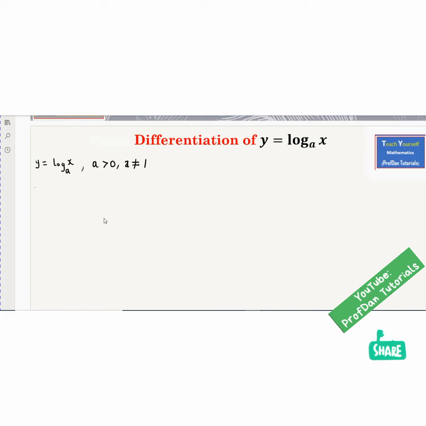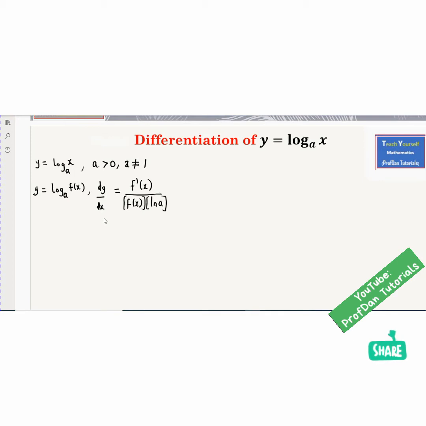In general, let's say we have y equals log to base a of a function of x. Then its differentiation will be f prime of x, that is, differentiate that function of x, over the function of x, multiplied by ln of the base a.